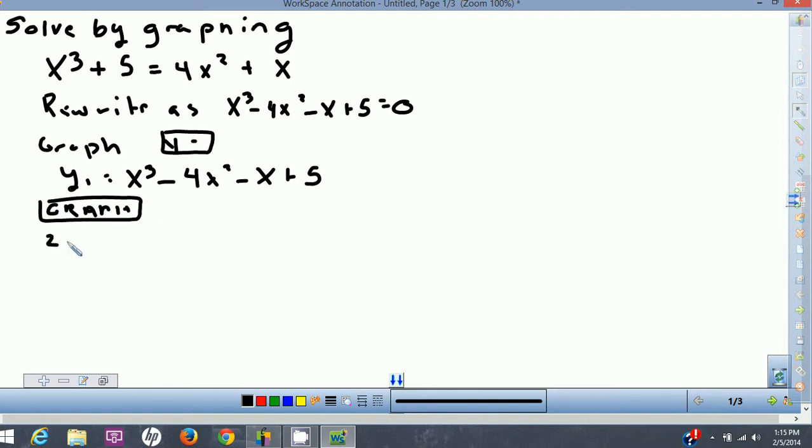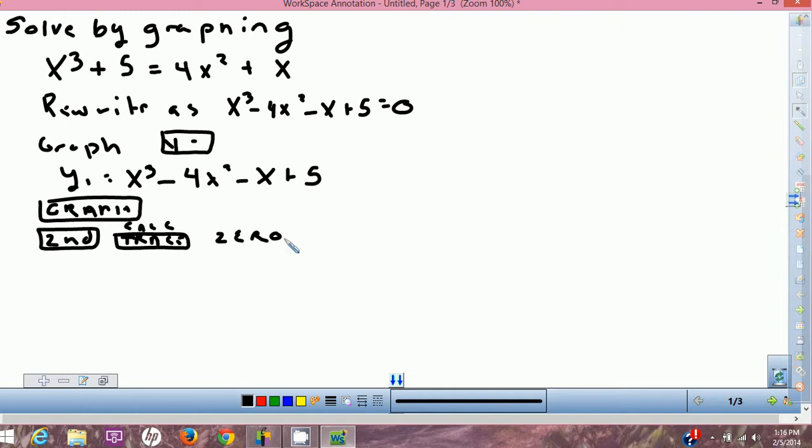And then second, the trace key, and remember, up above the trace key, what does it give you? It gives me calc, and then I'm going to pick 0 on my calculator. When I pick 0, I should find that it is pretty obvious that I have 3 x-intercepts.